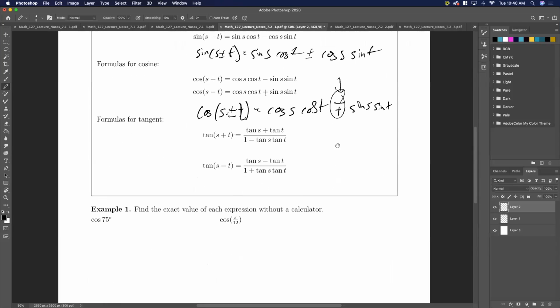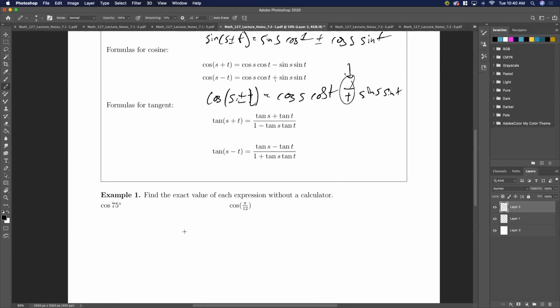And so here, what would we actually use this for? Here I want to find the exact values without using the calculators. Back in the day before we had calculators everywhere, how would you calculate that exactly? Well, here I have cosine of 75.